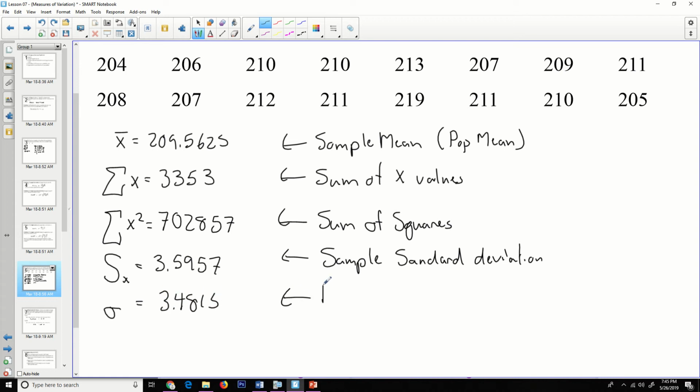This is the population standard deviation. Oops, I need to spell right. Population standard deviation.